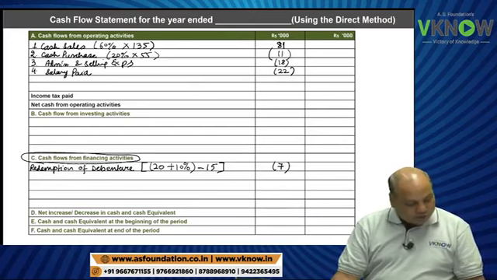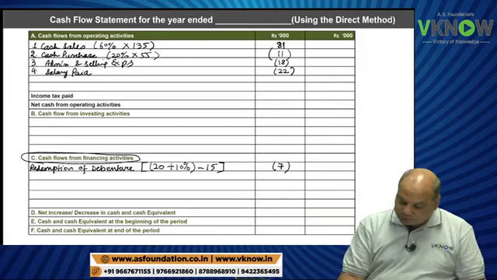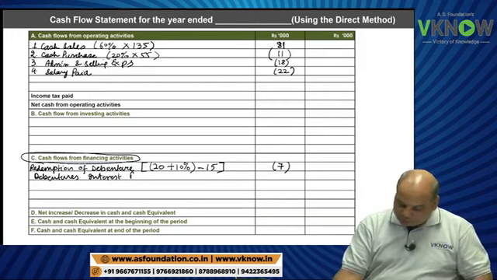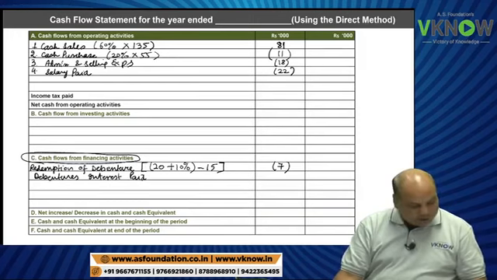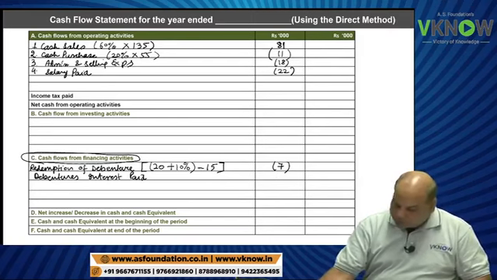Debenture interest paid during the year was 1.5 crore. Financing activity again, debenture interest paid. How much is debenture interest paid? Debenture interest paid is 1.5 crore.